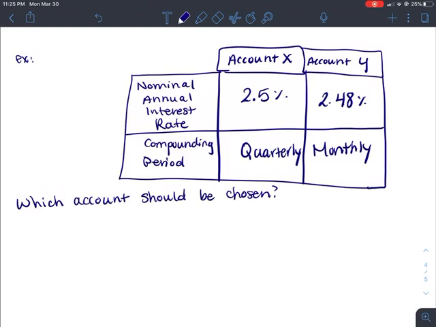So for account X, this is compounded quarterly, okay? So we're going to use the equation, R equals, so this is, I'll relabel this, is going to be account X, okay? So my n equals 4 because it's quarterly.